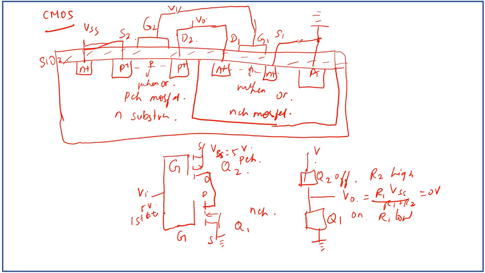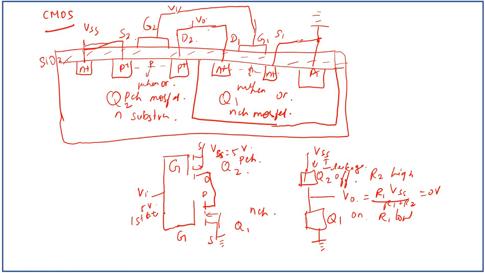Here we have the VSS connection and the leakage current I leakage. When the input voltage is high, the connection here is like this. This is the P channel MOSFET, which is Q2, and this is the N channel MOSFET, which is Q1.